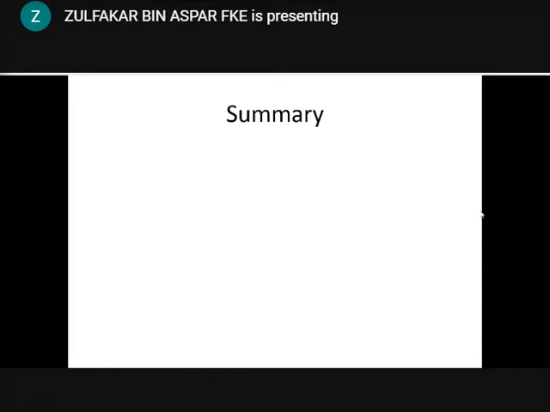All right. Let's see the summary first. When we want to build a finite state machine, there are two types of model well known or always being used, which are Moore model and Mealy model.